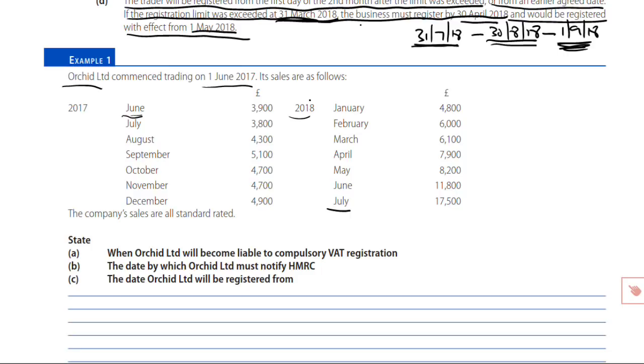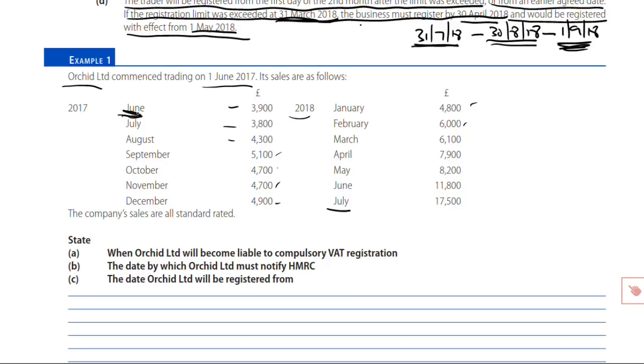So you need to get your calculators out, which is why you're going to do this while I am away from you, and start counting through. June, July, August. Keep going through, adding in all of these numbers here, until you get to either 85,000 or the end of a 12-month period.